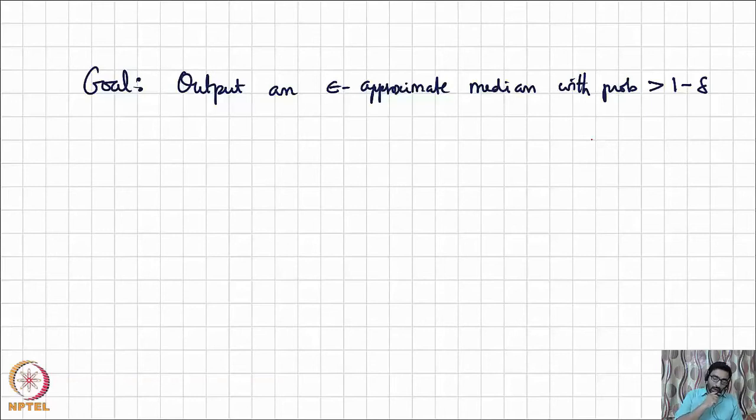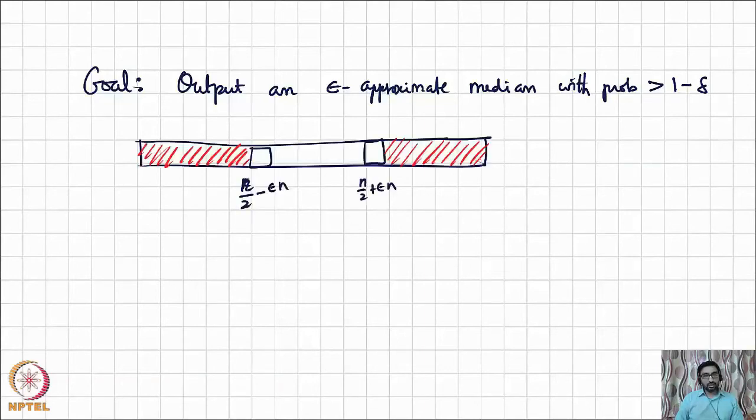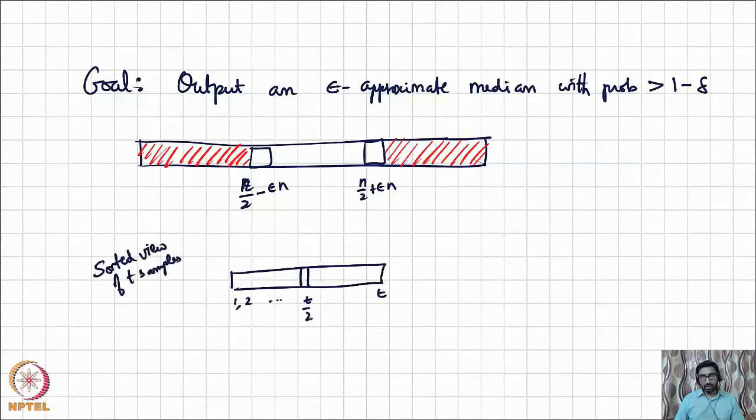So how will this not happen? That's the important question. So let's again look at the sorted view. In this sorted view, we certainly don't want to output an item that is shaded red, because that's falling outside of the acceptable range for an epsilon approximate median.